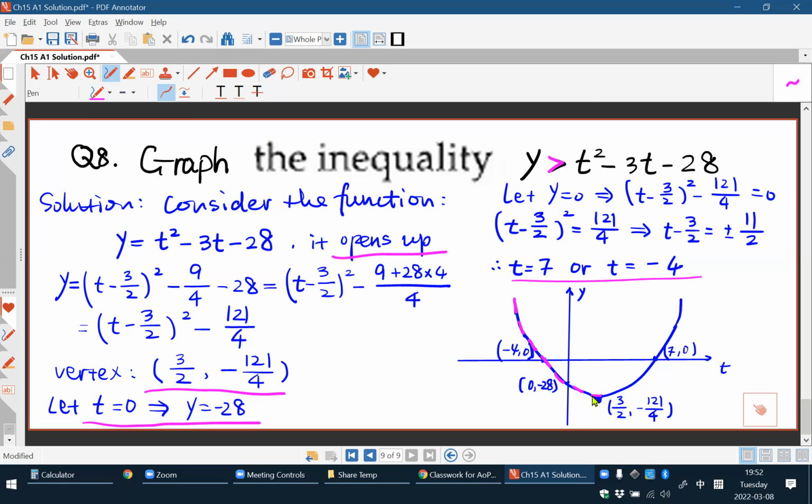So we need to use a dotted line here to indicate that the boundary is not a part of this region, but any region that is above the curve. Okay, this is y greater than t squared minus 3t minus 28.